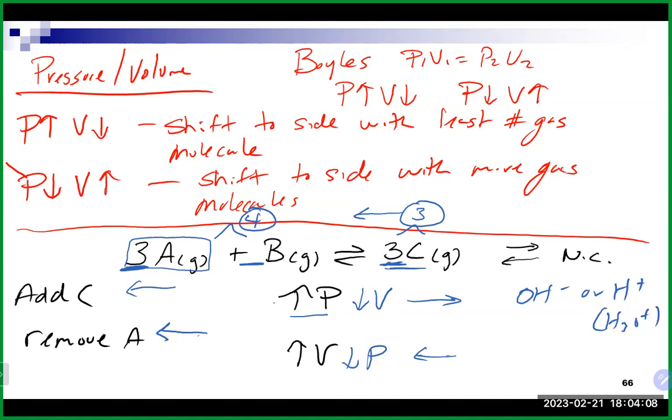Basically H plus and OH minus is water when you put it together. So if you have H plus in a reaction and you add some strong base, which is a source of hydroxide, OH minus, it will go in there and grab up the H plus. That will make it water, which is a liquid and does not participate in the equilibrium. And again, that's essentially grabbing out the H plus.